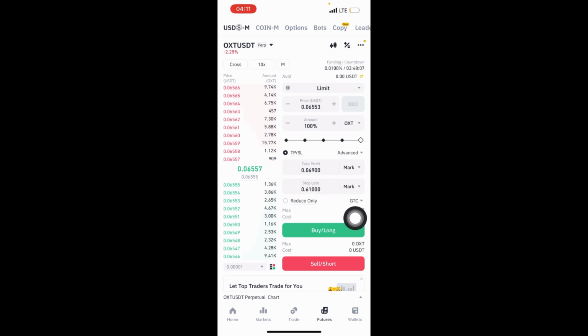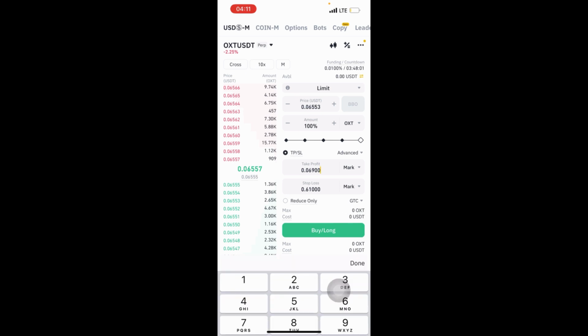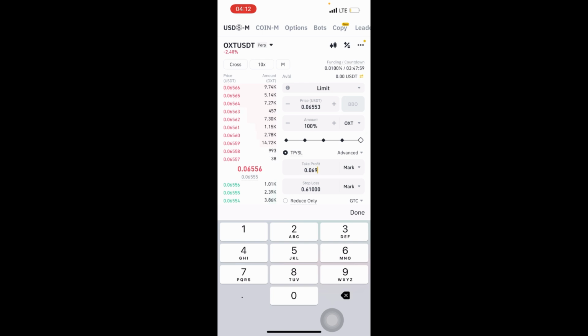The TP means take profit. Since I entered the market at 0.06553, I can say that I should take my profit when the market is at 0.07. So even when I'm not online and I gain profits at 0.07, the market will close automatically for me.